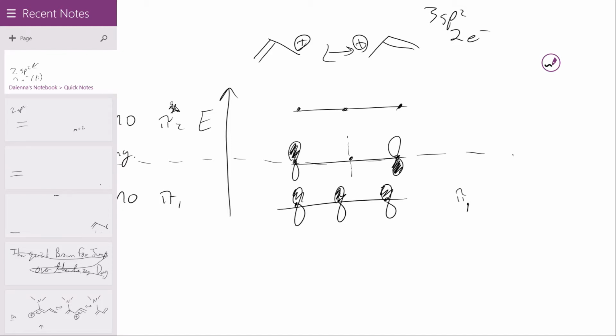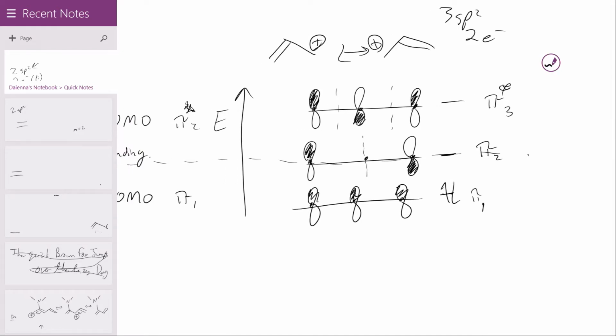Finally, at the top, we have two nodes drawn here, and we flip across each one. So this is pi 2, that's non-bonding. Pi star 3 is anti-bonding. Since we have two electrons, we'll fill them in down here.